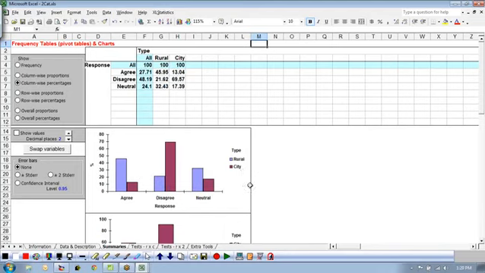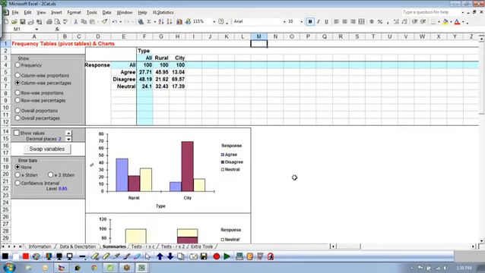But in this case, it certainly does not look as if it's flat, right? At least not to me. To me, it really does look like there's a difference in agreement and in disagreement and in neutral when we're talking about city versus rural people.